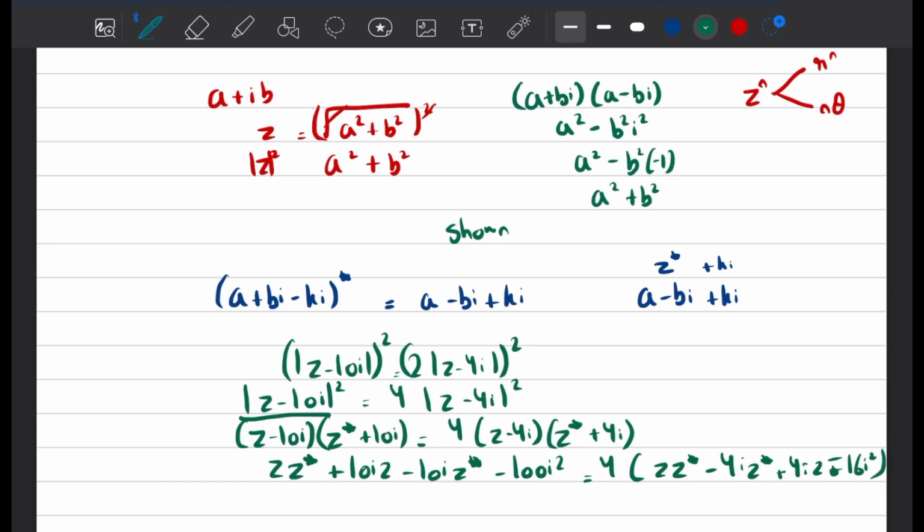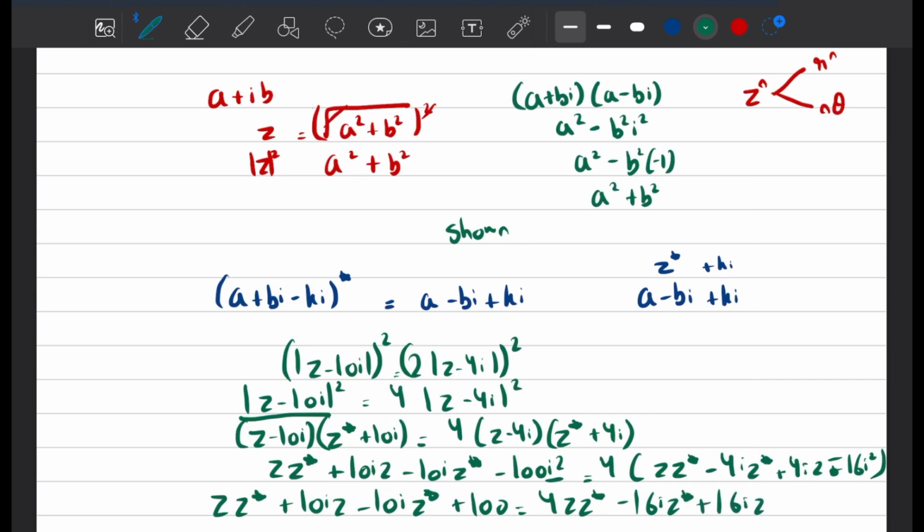Got this? So now it's going to become zz conjugate plus 10iz minus 10iz conjugate. I square becomes minus 1, so plus 100 is equal to 4zz conjugate minus 16iz conjugate plus 16iz, and I square means minus 1. So 4 into plus 16 makes 64, right?